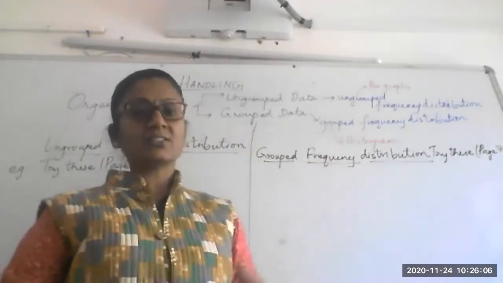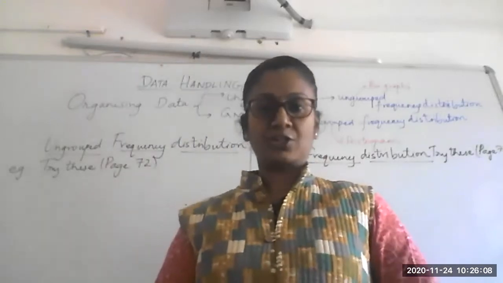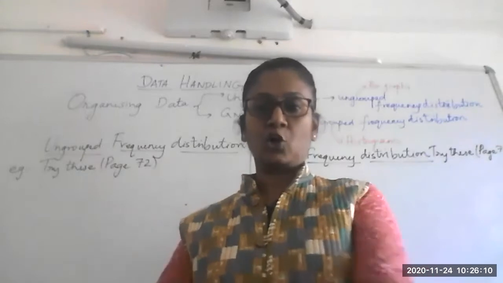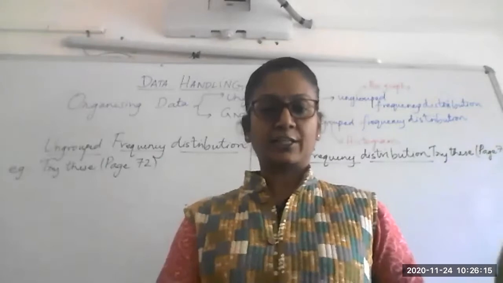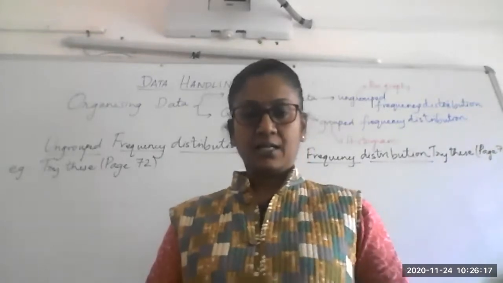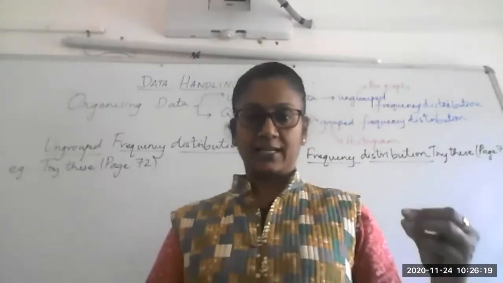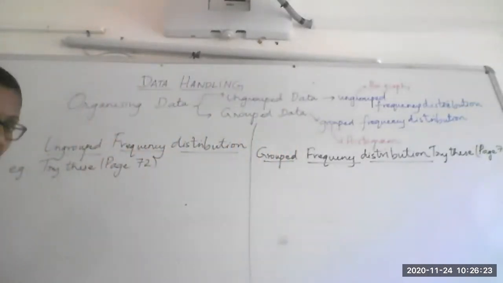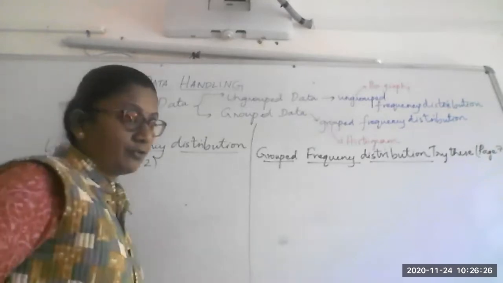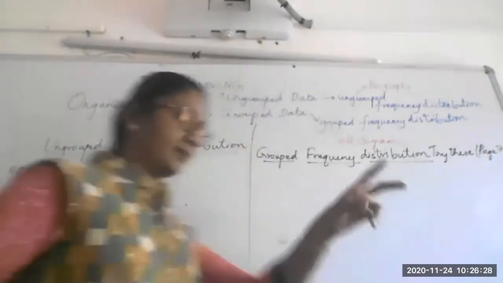A frequency distribution is nothing but a tabulated form of the raw data. Raw data will be given continuously to you because it is something that you're collecting for a purpose. Now, when that is getting organized, we are going to put it in the tabular form.